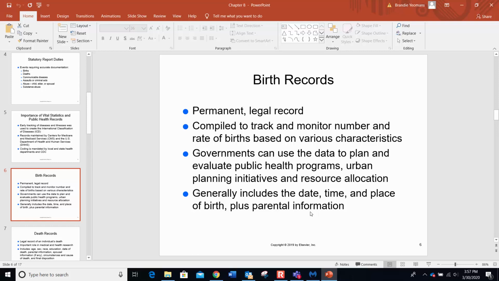and a birth certificate is actually issued after that point. So this is where we really need to make sure that we have accurate, legible, and complete information submitted so that this birth certificate can be devised.